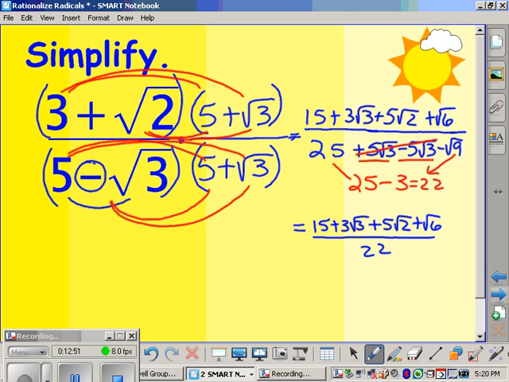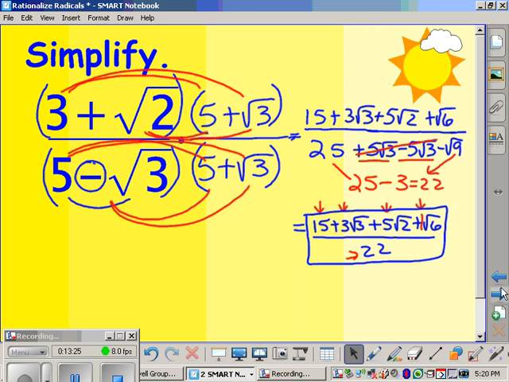Now if you look at all of the outside numbers in the numerator, 15, 3, and 5, and you have to look at the fourth one as well, which is a 1, and then you look at the 22 in the denominator, you cannot do any further reducing unless there is a number that divides into all 5 of those outside numbers. It has to be the same number. So if this doesn't occur, then you can do no further reducing and you are done.